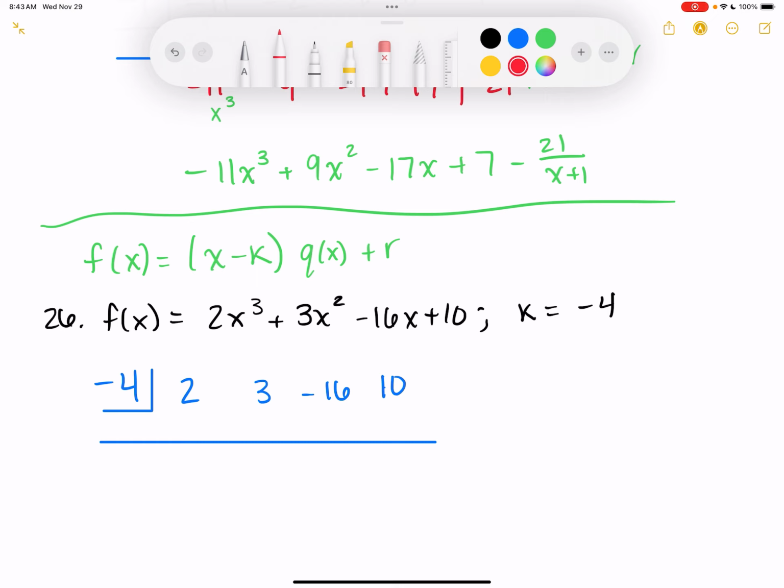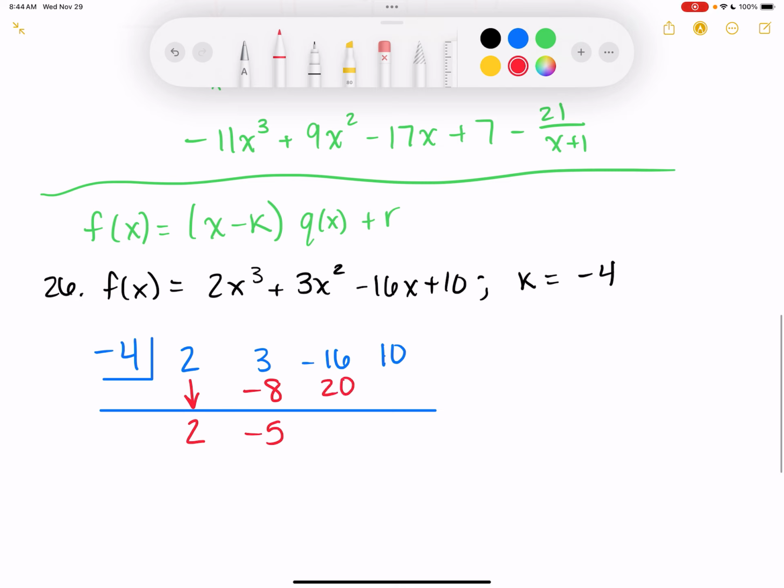So we bring down the 2, times negative 4 is negative 8, plus 3 is negative 5, times negative 4 is 20, minus 16 is 4, times negative 4 is negative 16, plus 10, so that would be negative 6.